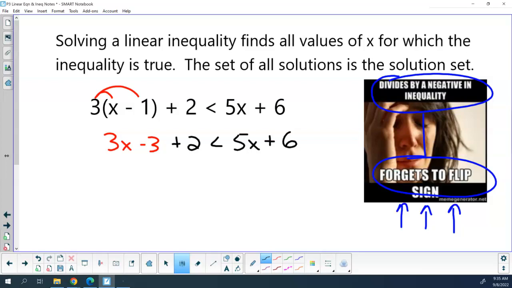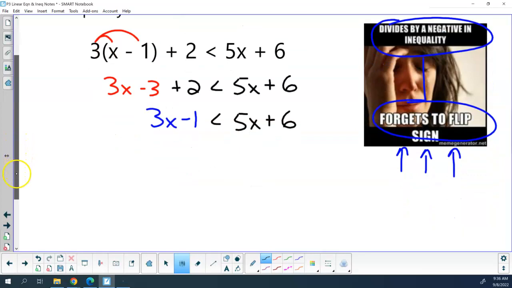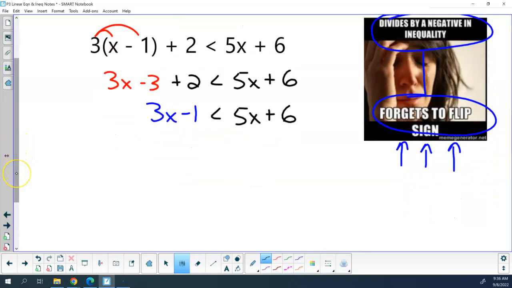Still going to combine like terms. Going to subtract 5x because I want to do that negative thing. Going to add 1.